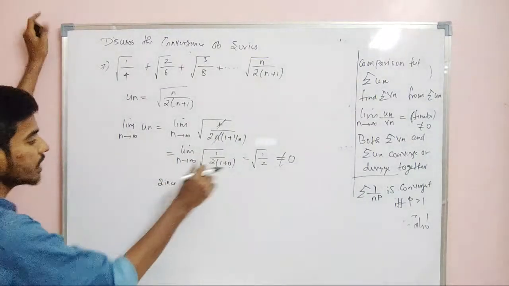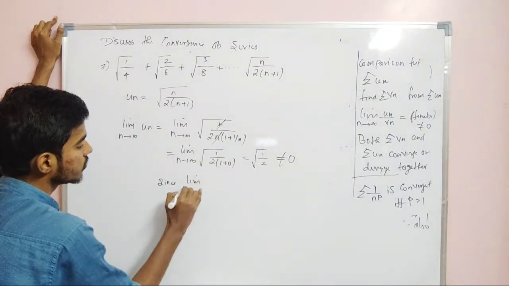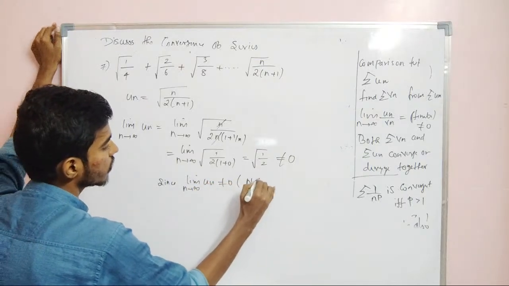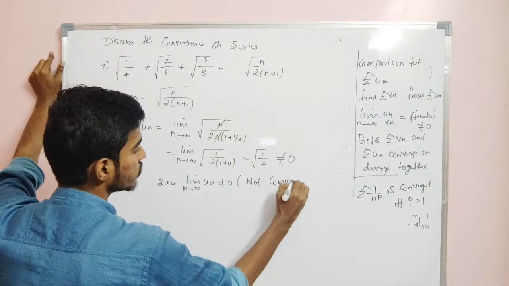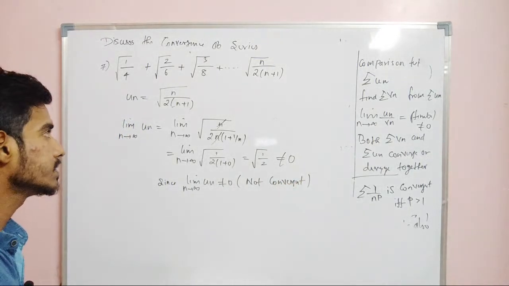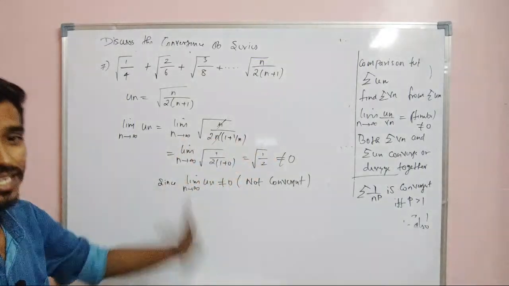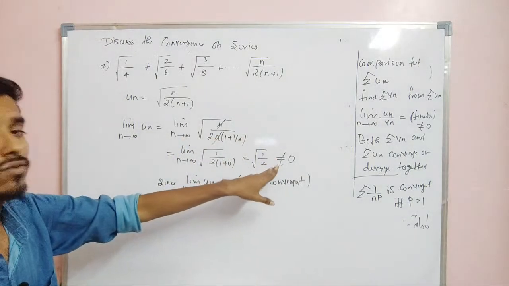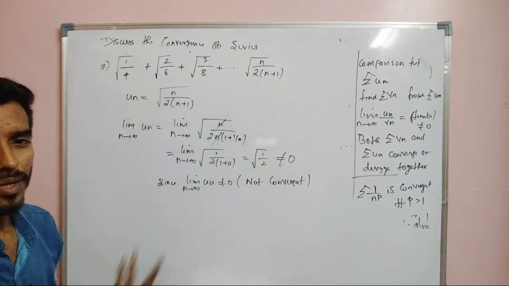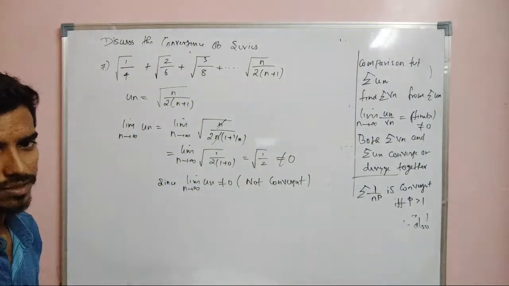But since limit n tends to infinity un is not equal to 0 here, it is not convergent, right? So we don't need to apply comparison test here. We can apply any test if and only if this is equal to 0, right? If it is equal to 0 only, then it may or may not be convergent. We need to check whether it is convergent or divergent.